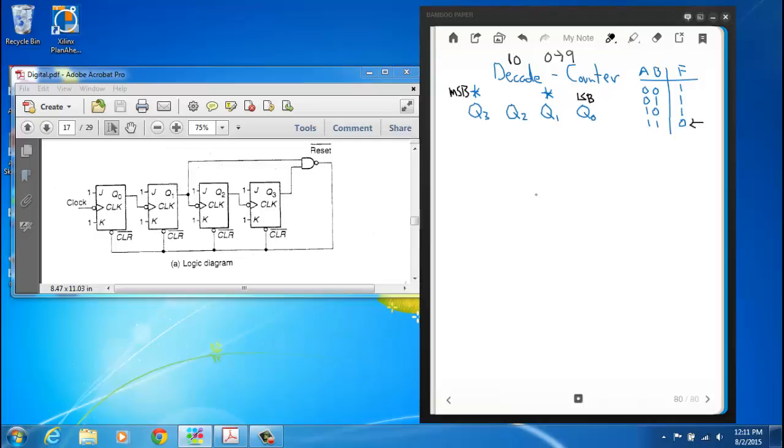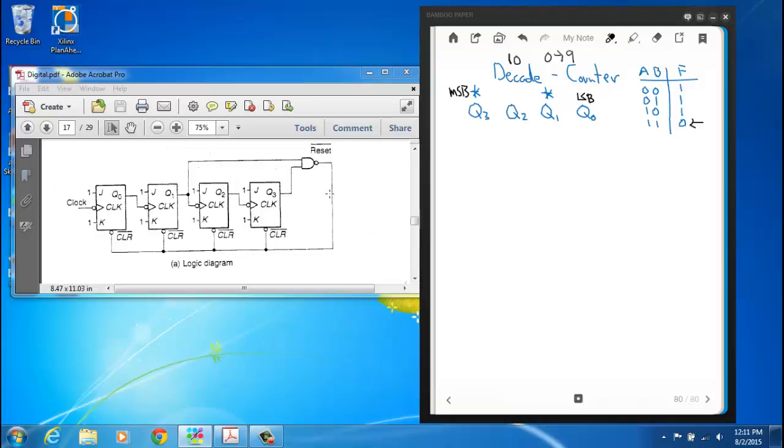So we have to keep an eye on the output of this NAND gate, because once the output goes to a 0, it's going to activate these clears and make all the outputs of the flip-flops go to 0, because all the clears are connected together. If the output of the NAND gate is equal to a 1, then the flip-flops will not clear and they'll just toggle, and we'll get the binary count that we saw in the previous video.